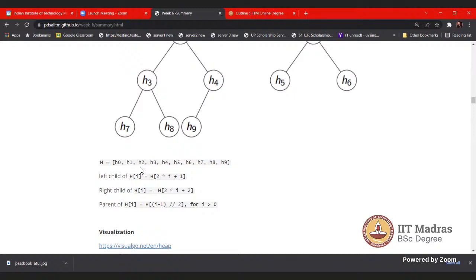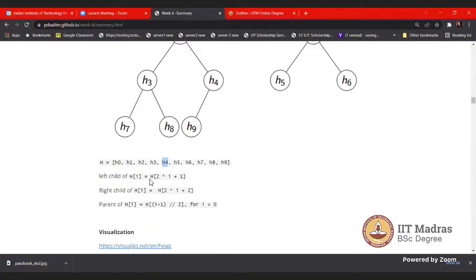For this, we can use a formula to find the parent and child information. For example, if we are finding the left child of hi, i represents the index of any node. Say we are finding the child of h4. The index of h4 is 0, 1, 2, 3, 4.